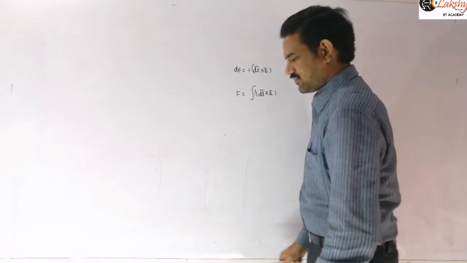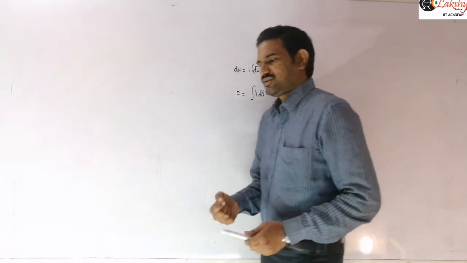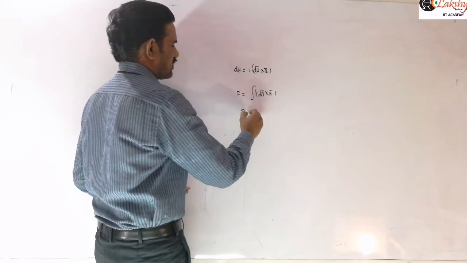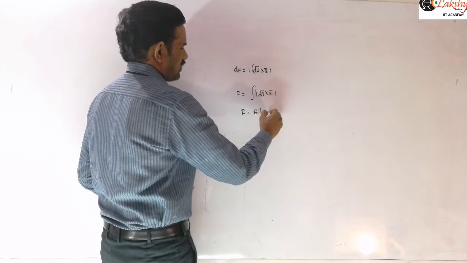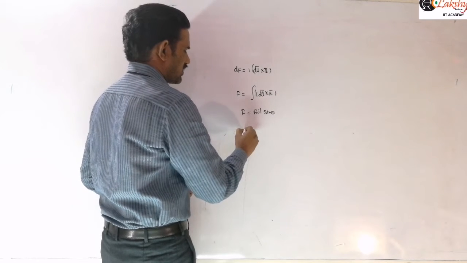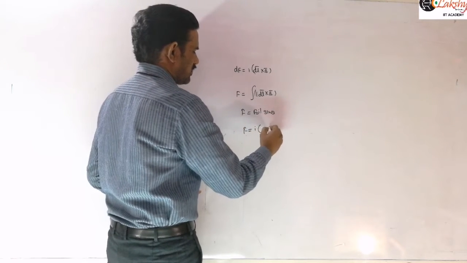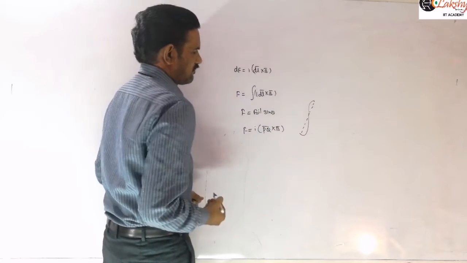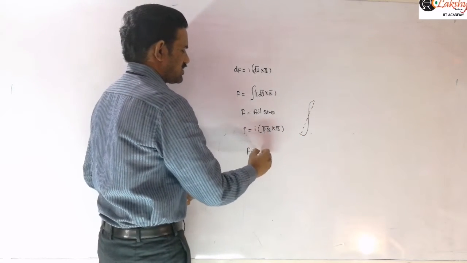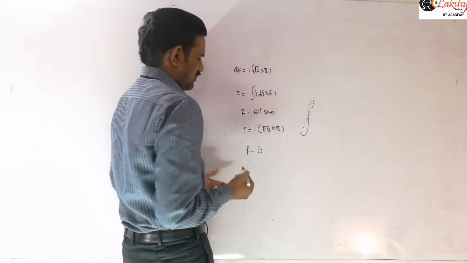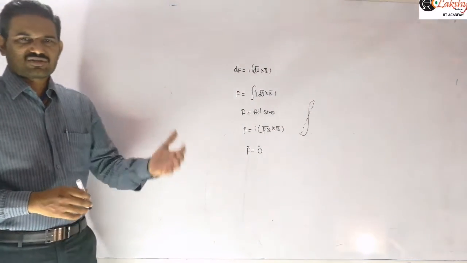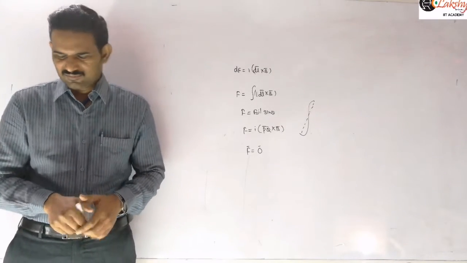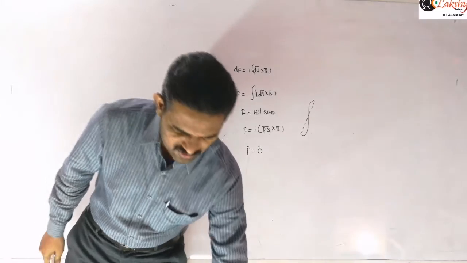If it is a straight conductor, we derived one formula; if it is a curved conductor, and if it is a closed conductor, likewise. For a straight conductor you will get BIL sine theta, or for curved conductors, I into PQ bar cross B bar, where PQ is the shortest distance between them. And for the closed conductor, in general, this force will be 0, and we mentioned the conditions also, under which conditions it may be 0 and which conditions it may not be 0. We solved some problems also based on that, right? So now let us see a few more problems based on that.